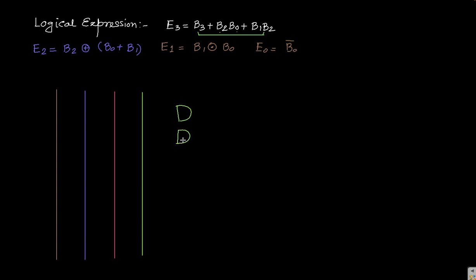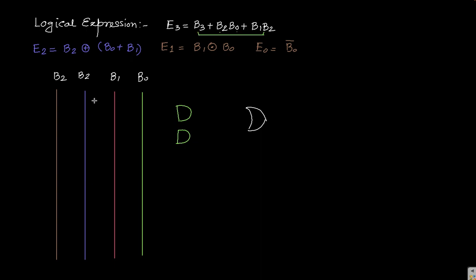So these become B naught. Take the white color, I think it is easier to understand. B naught, B1, B2 and B3, these are the input lines. Here we obviously need one OR gate, because by the OR gate we are getting the final expression E3.